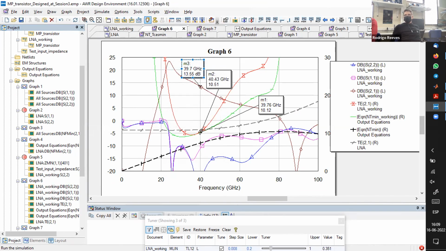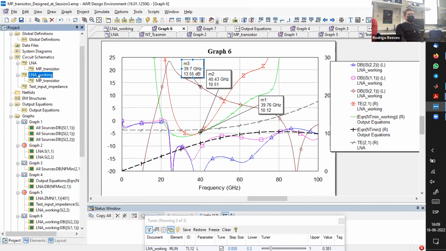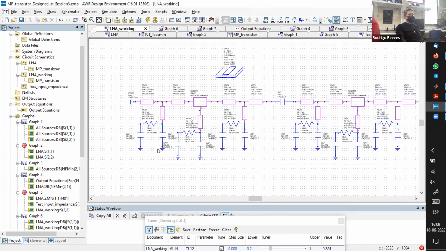So it seems that it doesn't yet affect that much. So we could reduce the size of the capacitors to 1 picofarad.